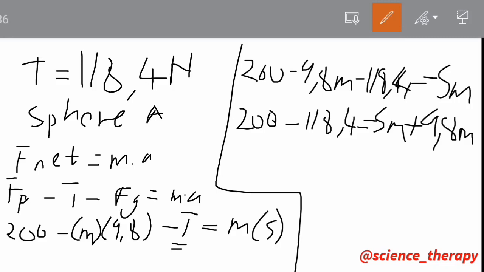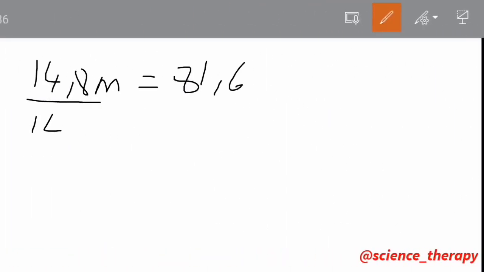So 200 minus 118.4 gives us 81.6, and then 5m plus 9.8m gives us 14.8m. Then divide both sides by 14.8.